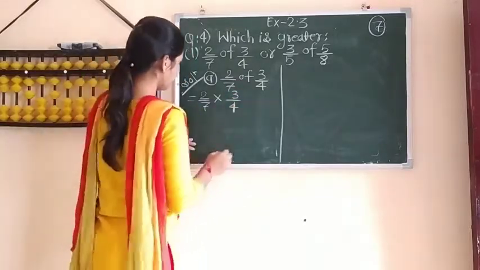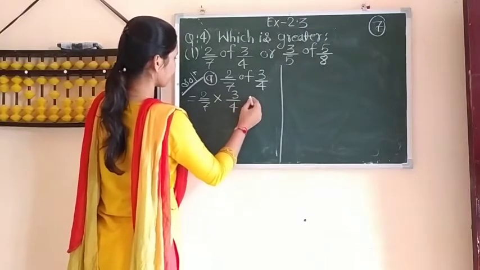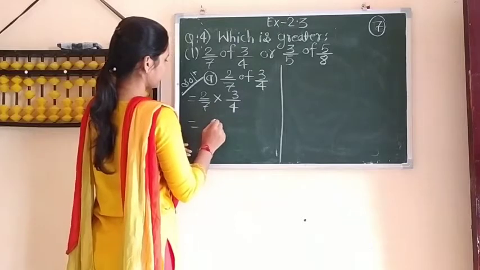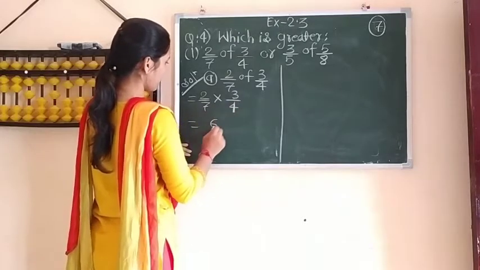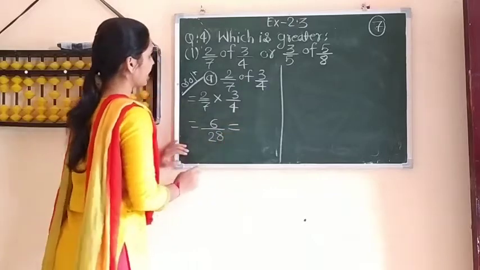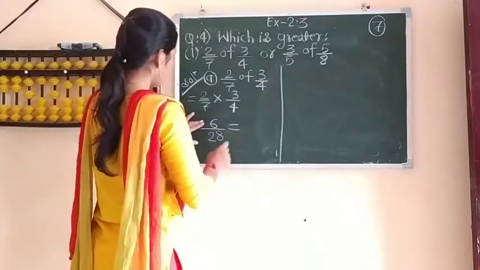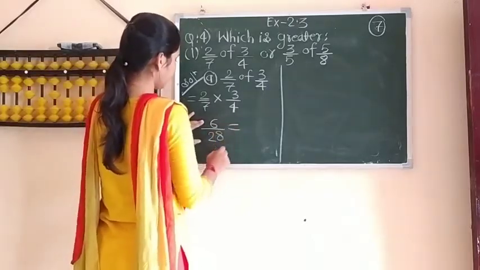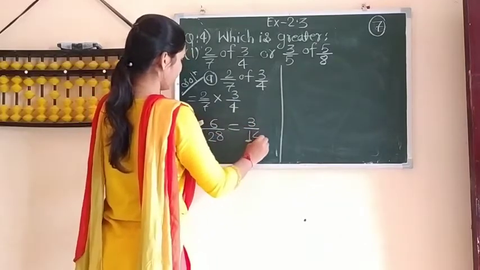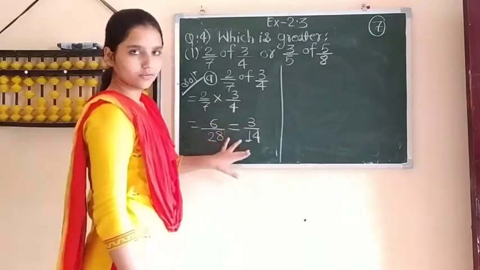So solve this. 2 threes are 6 and 7 fours are 28. Okay, so now reduce this, divide by 2. 2 threes are 6 and 2 ones are 2, 2 fourteens are 28. So 3 by 14.